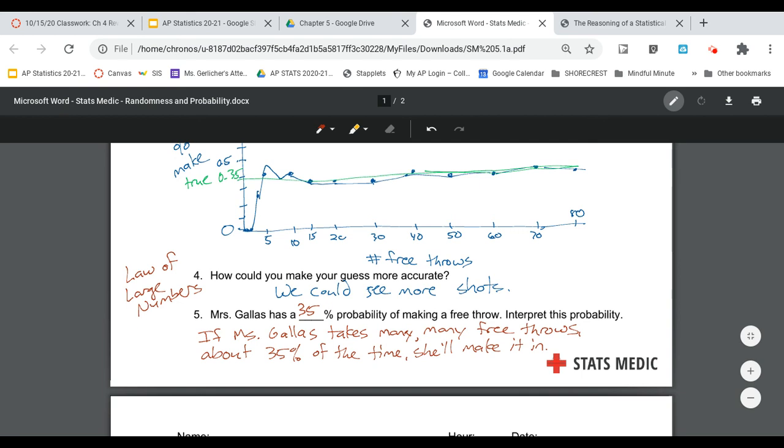She'll get a make. So interpreting a probability is all about the long run. It's all about in the long run, this is what will happen on average.